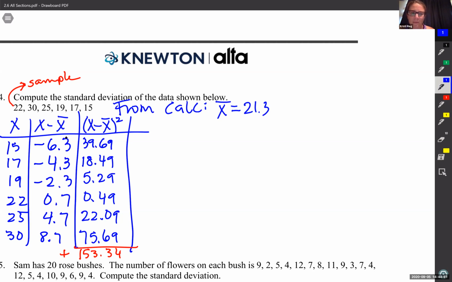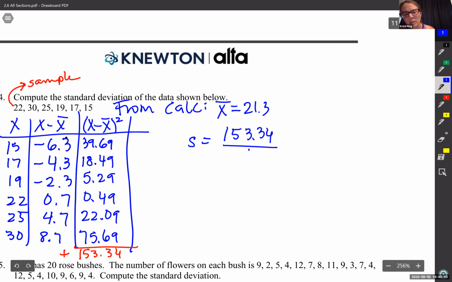So S is 153.34 divided by, what was n? N is the number of numbers. 1, 2, 3, 4, 5, 6. There's 6 numbers. So n minus 1 is 5.